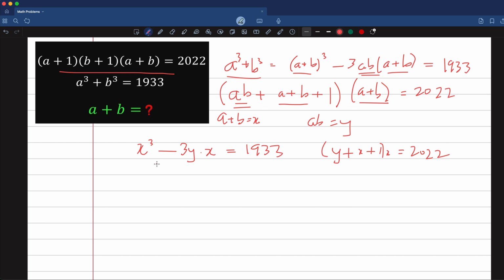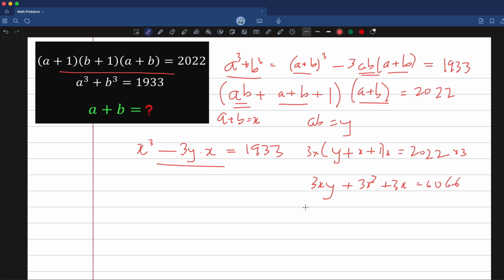To do that, you need to get rid of y, which is the term minus 3xy. One thing you can do here is to multiply both the left-hand side and right-hand side by 3. What you end up getting is 3xy plus 3x squared plus 3x is 6066.